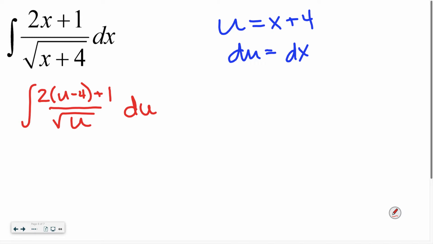Which means our numerator would be 2u minus 8 plus 1, or 2u minus 7.